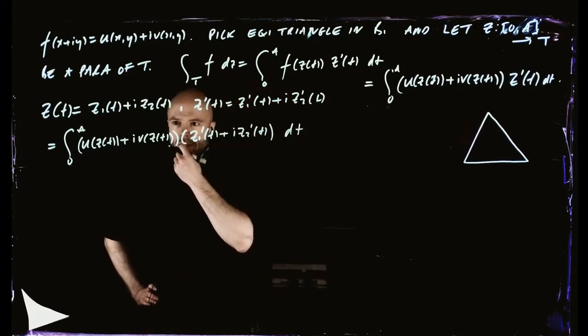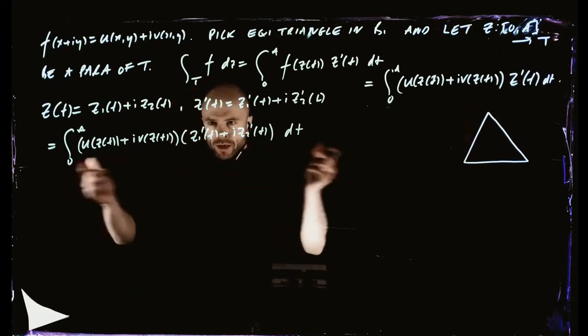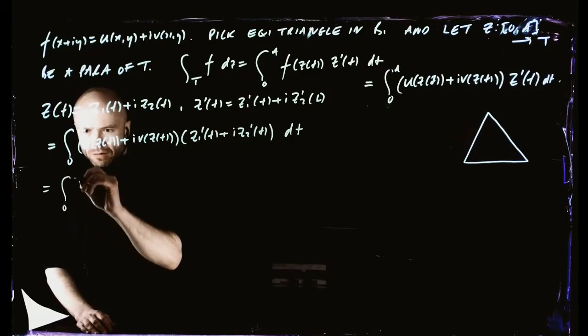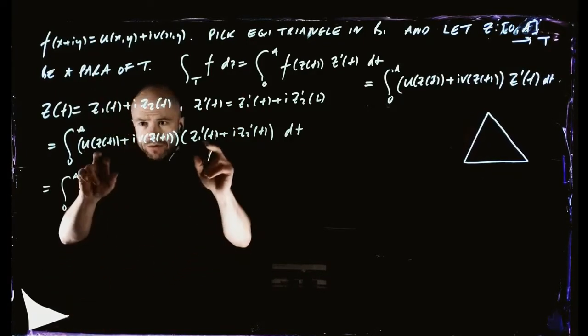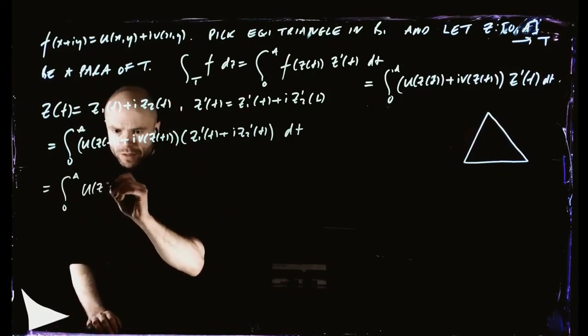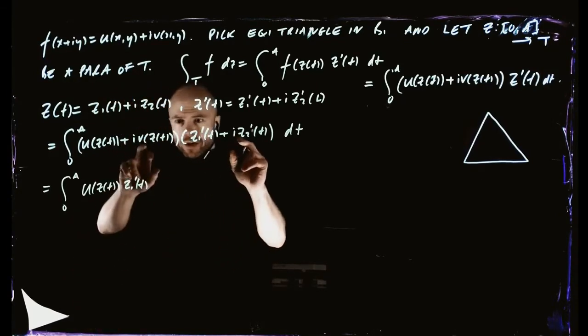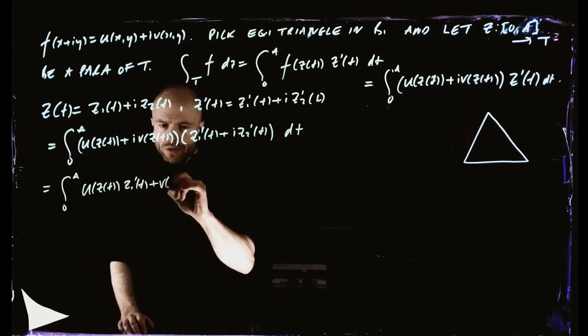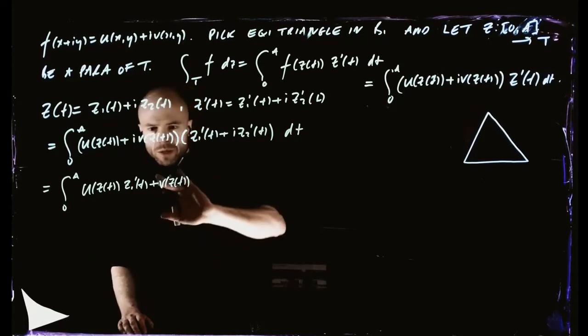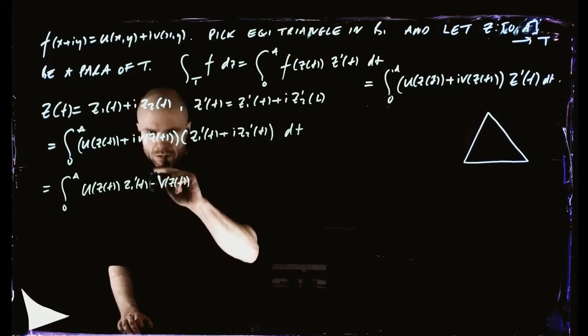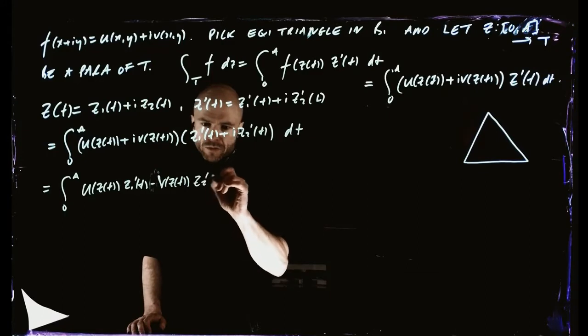Cool. All right, let's look at this thing. If we multiply through and collect up the real and imaginary parts, what do we get? We get the integral from 0 to a. We're going to have a real part, u(z(t)) z1'(t). An imaginary part from this, we're going to have v(z(t)), oops, there'll be a minus because i times i, z2'(t).